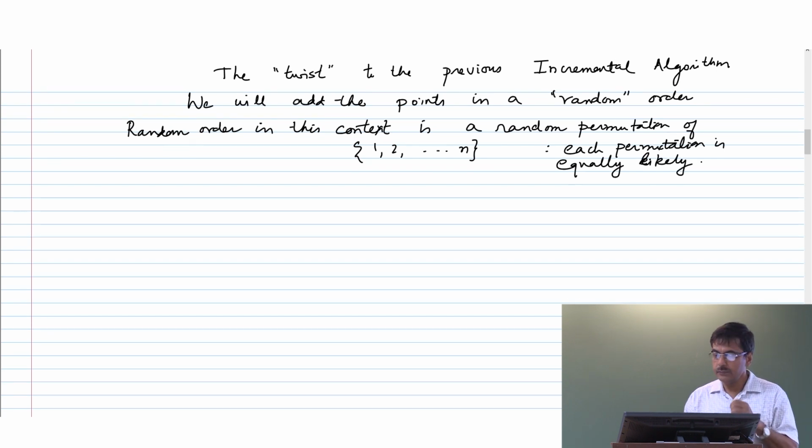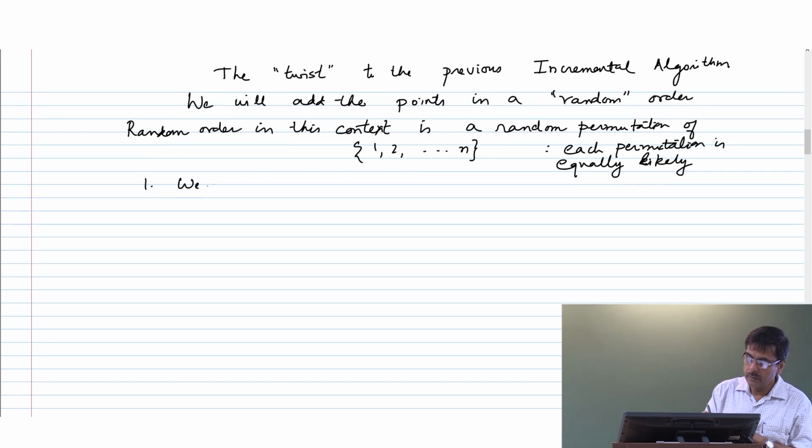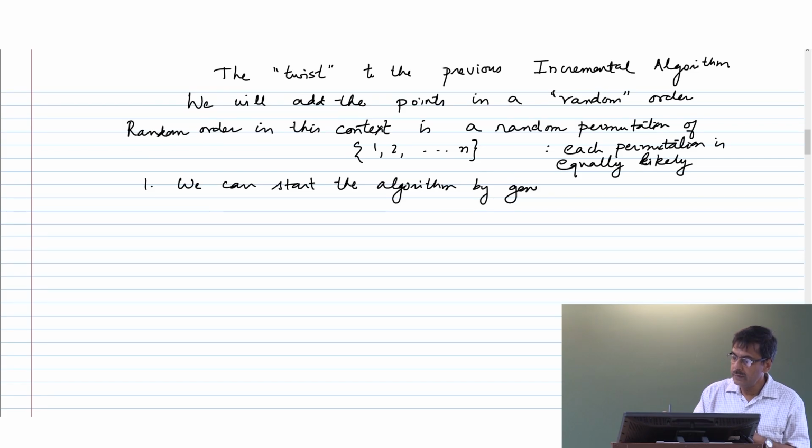Okay. Just to emphasize this point, one possible way is we can start the algorithm by generating a random permutation and add the points in the same order.